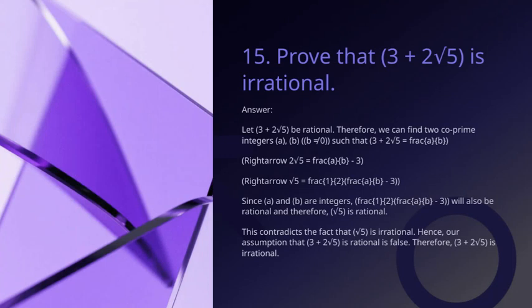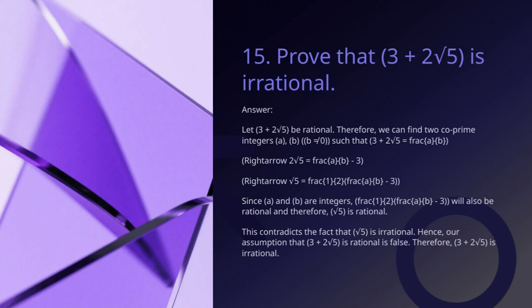Let's break down this proof step by step. First, notice that if 3 plus 2 square root 5 were rational, then, since a and b are integers, the expression (1/2)(a/b - 3) would also be rational. This is because the difference of two rational numbers is rational, and dividing by 2 preserves rationality.